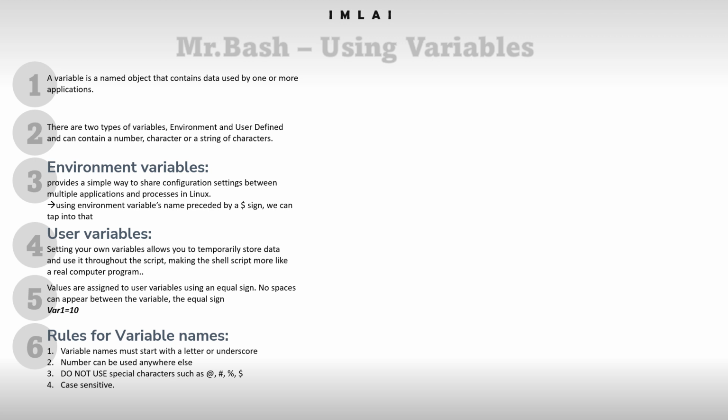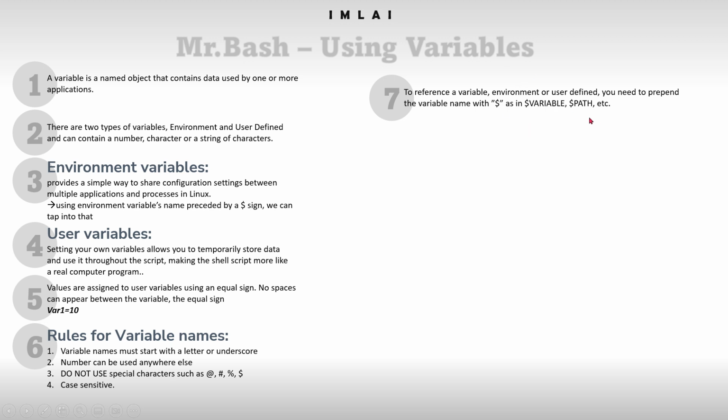Then to reference a variable, it could be an environment or user defined, you need to prepend the variable name with dollar, as for example, dollar variable or dollar PATH. Here dollar PATH is your environment variable example and dollar variable is your user defined variable.